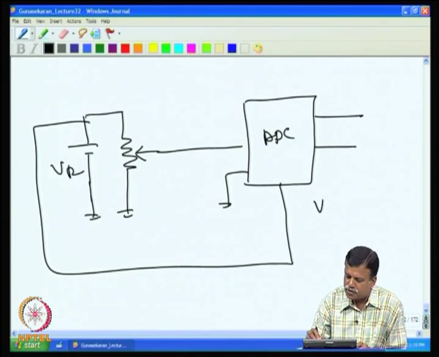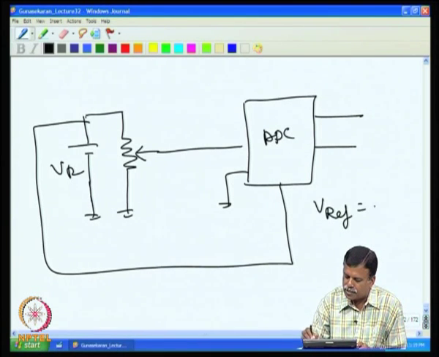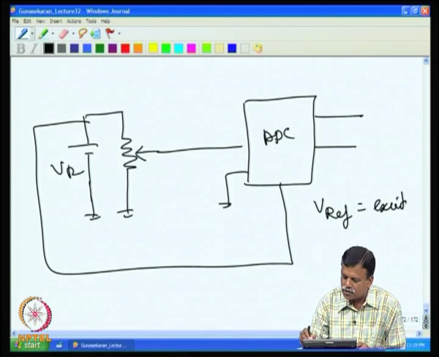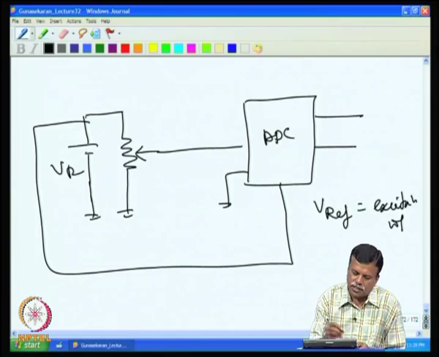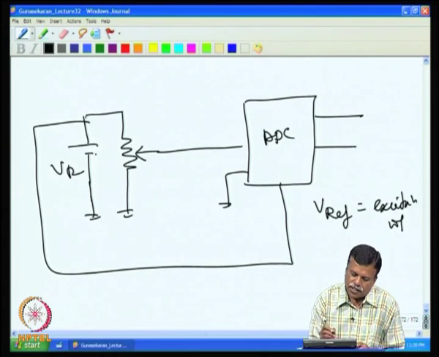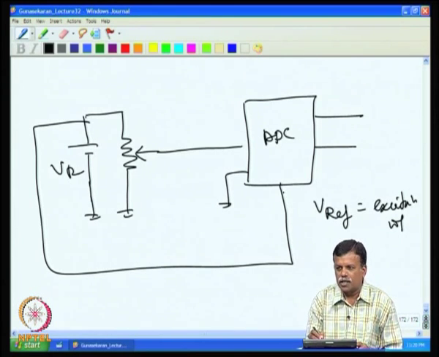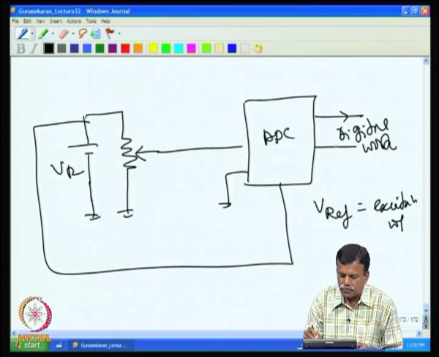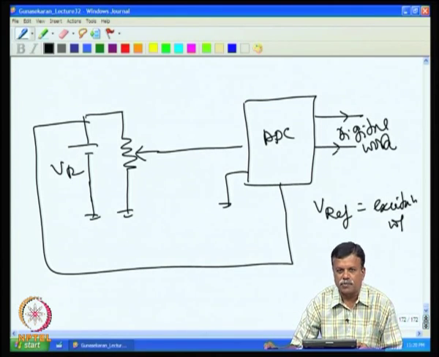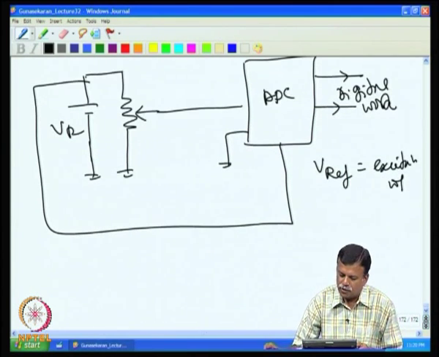So, V reference is equal to excitation voltage. So, both are drifting. If the V reference drifts, then the reference to this is also changing. The net result is it has no effect at the output digital. This is a digital word. So, reference voltage drift has no effect on the output.